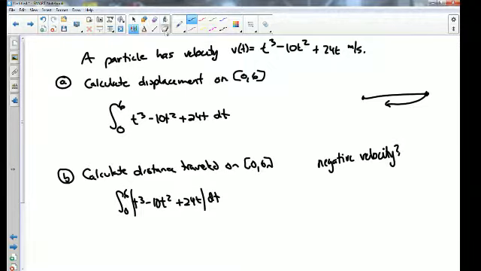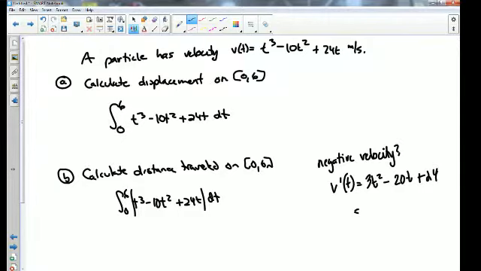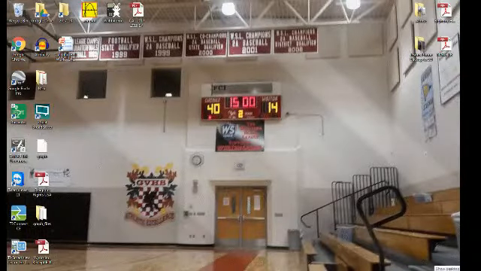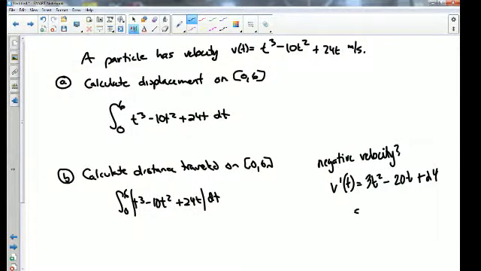So how do I calculate negative velocity? Critical points. So I need a derivative. Oh, so we need the acceleration, so 3t squared minus 20t plus 24. Can I factor something out there? No, this 3 doesn't go into 20. Bummer.